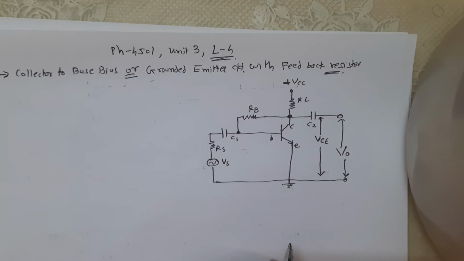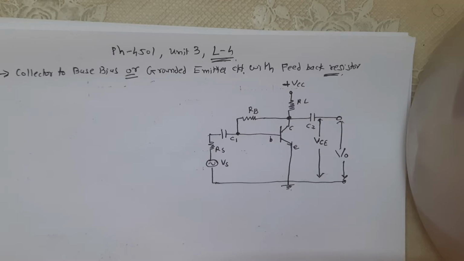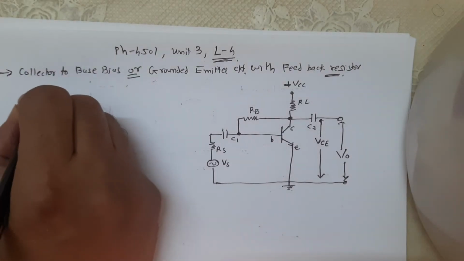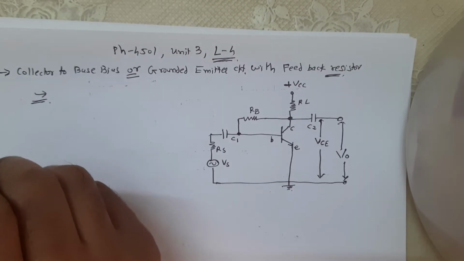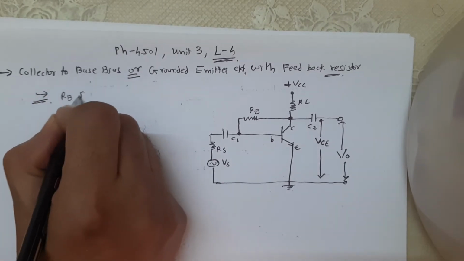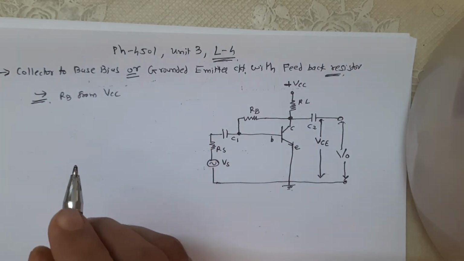The RB is connected to the base of the transistor. The stability of the circuit can be increased by giving the base voltage from the collector of the transistor instead of from VCC. In the last lectures 1, 2 and 3, we took the RB from VCC.